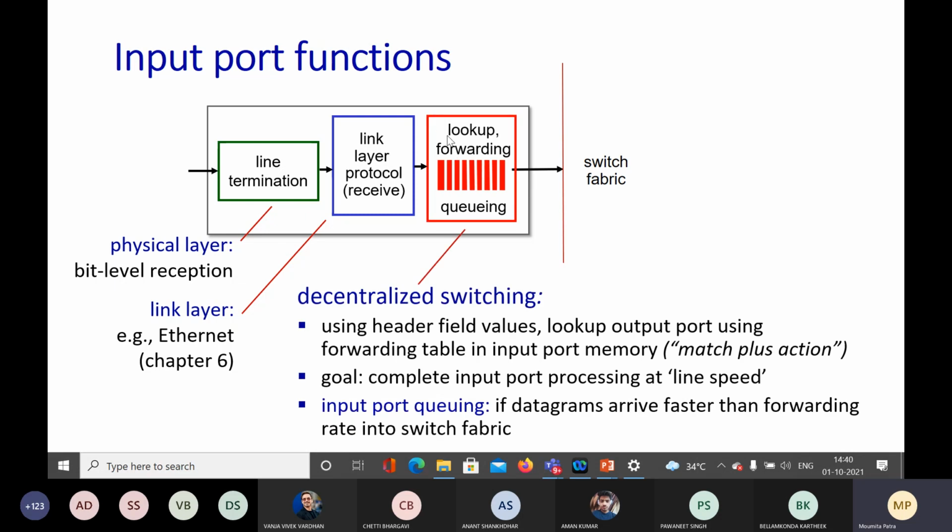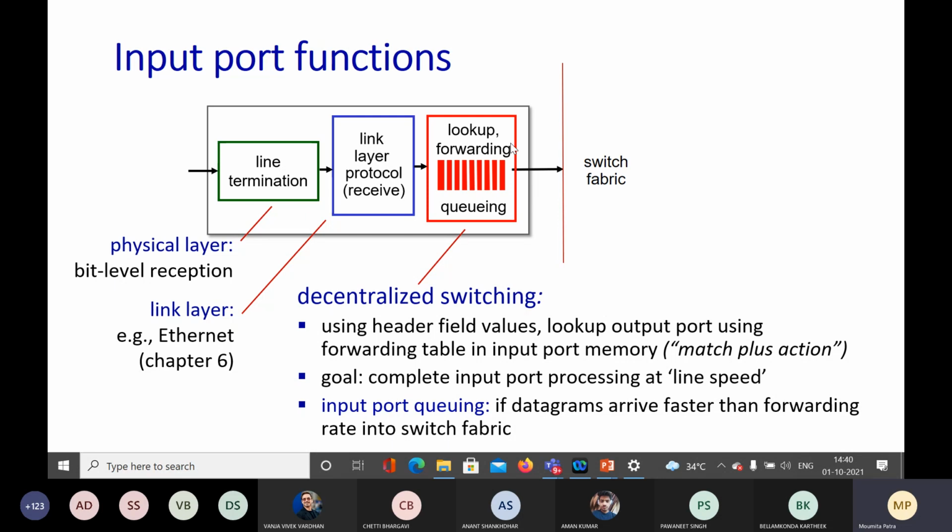Then come the network layer functionalities. Now it is a data plane functionality we have already seen. So what are the tasks that will be here? First of all, lookup. That means looking up in the table what the corresponding output port is to which the datagram has to be forwarded.